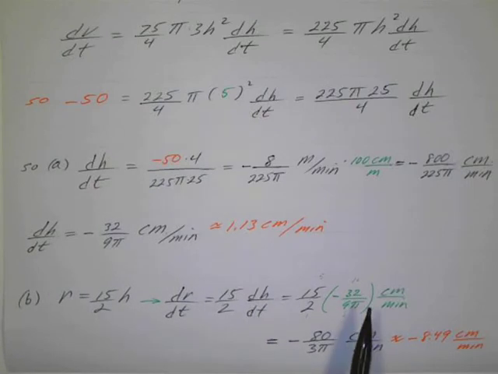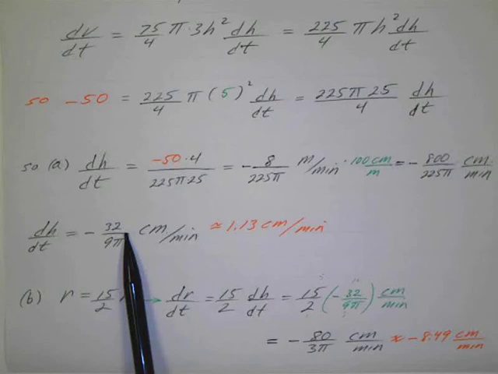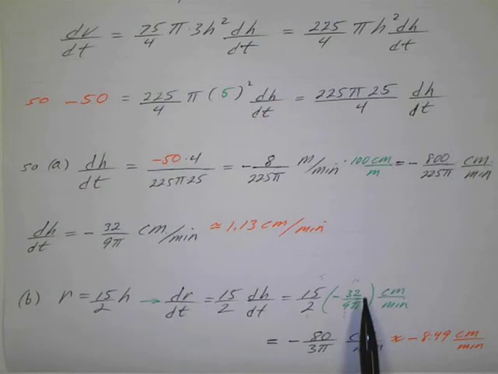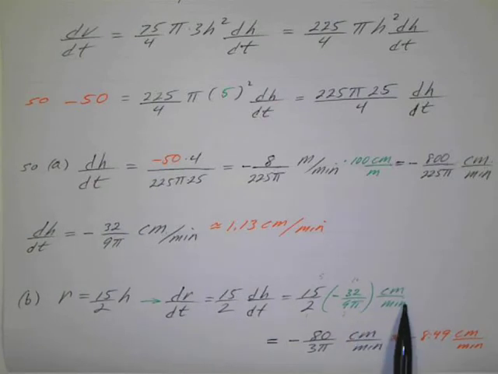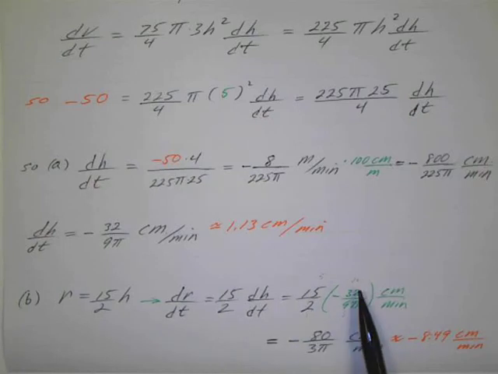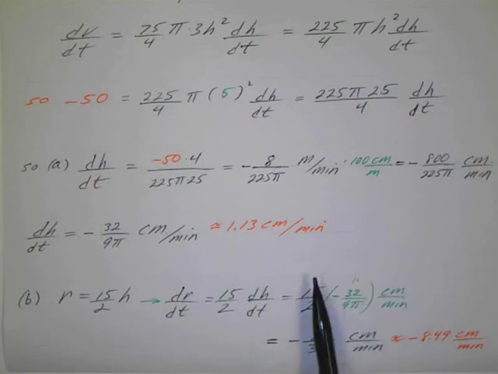But what was dh/dt? dh/dt was negative 32 over 9 pi centimeters per minute. And I canceled over here: 2 goes into 32 16 times, 3 goes into 9 3 times, and into 15 5 times. So I got 5 times 16 is 80, and 3 pi. So I have negative 80 over 3 pi centimeters per minute.